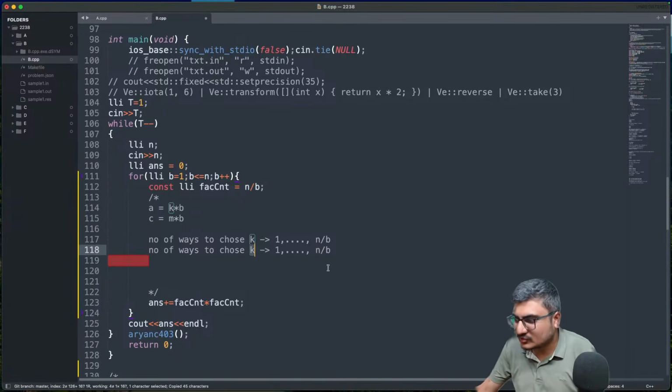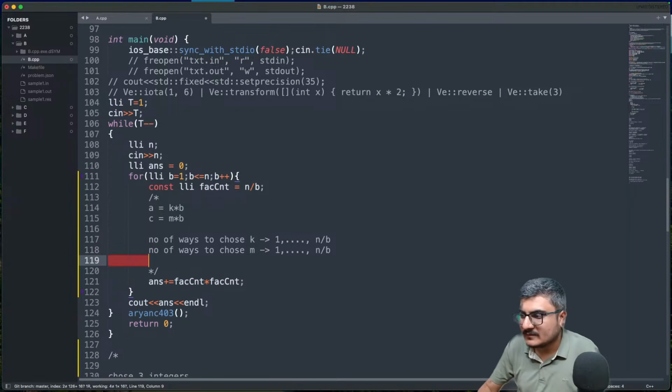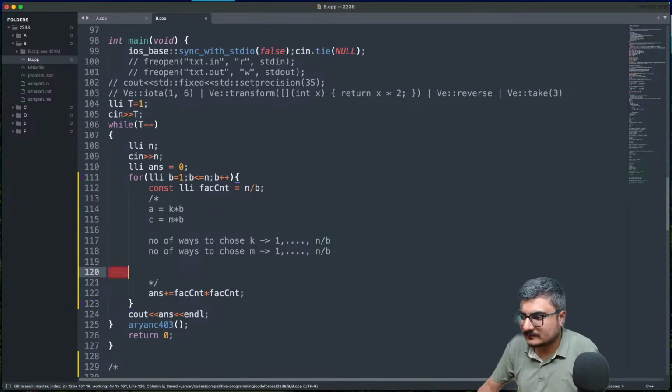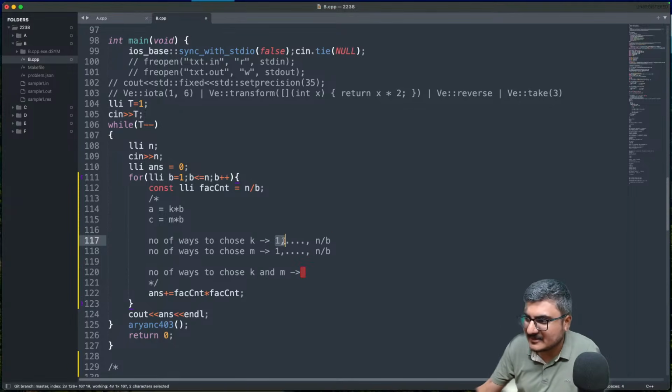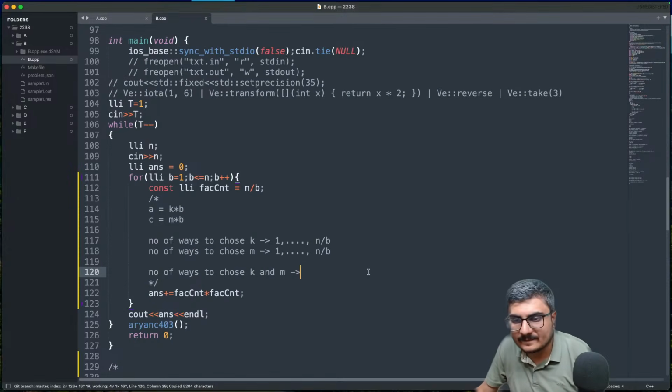The number of ways to choose m is also 1 up to n by b. So there are n by b choices here, n by b choices here. So that's why we are squaring. Yeah, I am squaring for A and C.